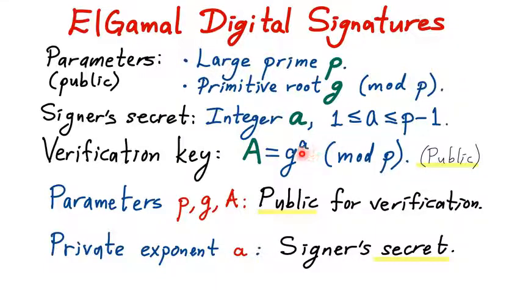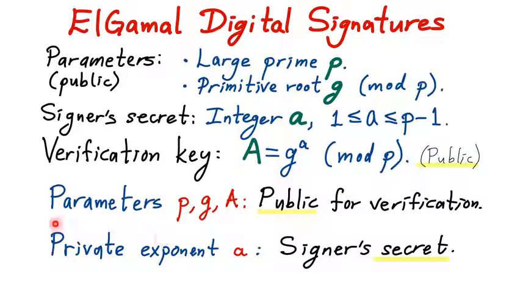So using this secret exponent of the signer, little a, you raise the primitive root G to the power of a, and you obtain this element capital A, which is public and is actually the verification key. So little a is an exponent and it is secret. Big A is an element of Z mod P, and it is public.